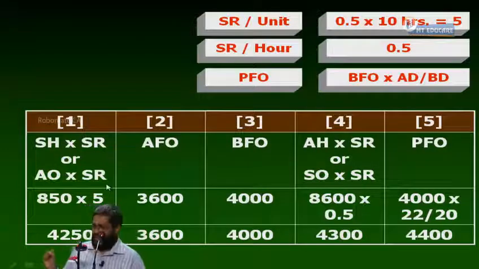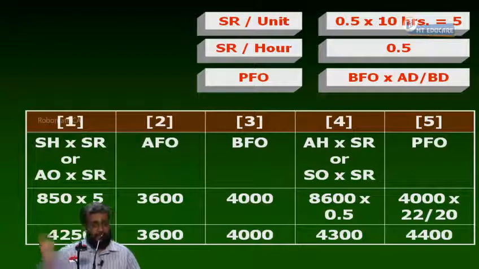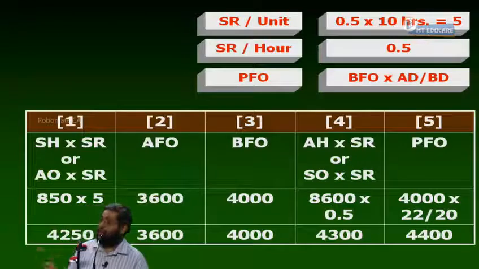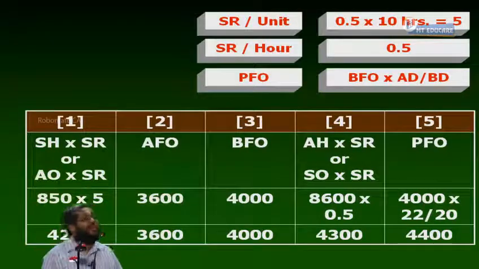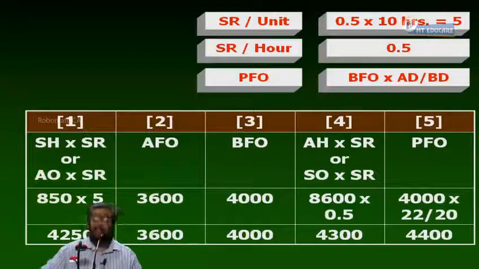In this problem, when every unit gets produced, I charge every unit 5 rupees fixed cost. 850 units are produced. So to the cost of production in the cost sheet, I would have charged 4,250. This is the fixed overhead charge to my cost of production. Everybody yes or no? This is what we call absorbed overheads. Everybody following? Yes, this is followed in the system called the absorption costing system.